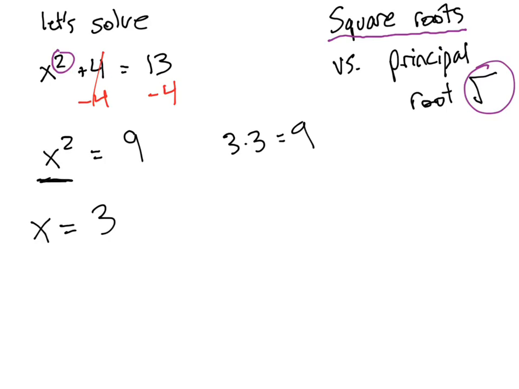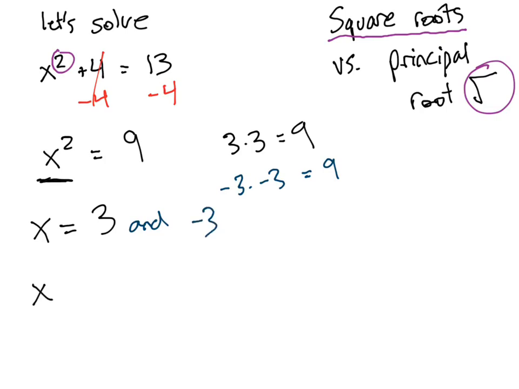But you might be thinking, well, that's not the only answer. There's another possibility that works here. If we multiply -3 times -3, that also equals +9. So this equation has two answers, x equals 3 and x equals -3.